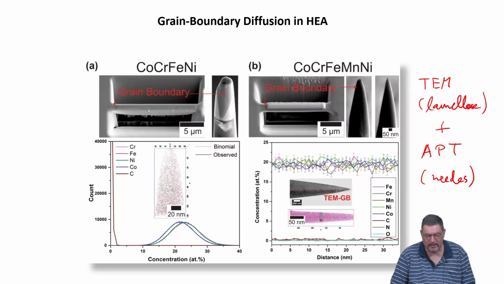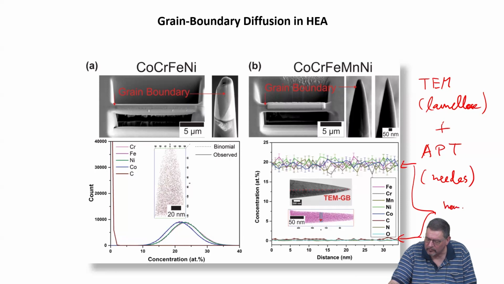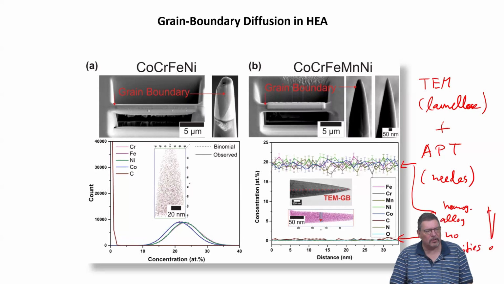What you can basically see is that especially for the Cantor alloy, very nicely here, there is no segregation at the boundaries. So we know the segregation factor is 1.